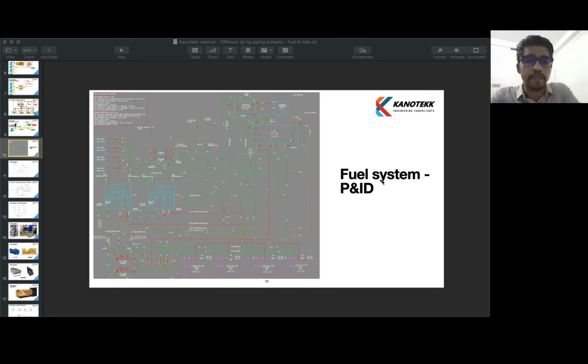So all these are the instruments used in the fuel and lube oil system. And if any equipment which needs to be powered is used, we prefer pneumatic, air supplied equipment, considering the safety of the system.